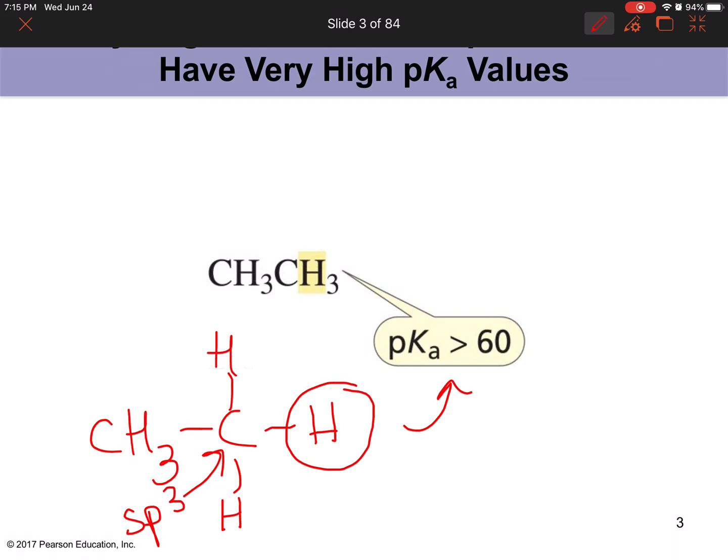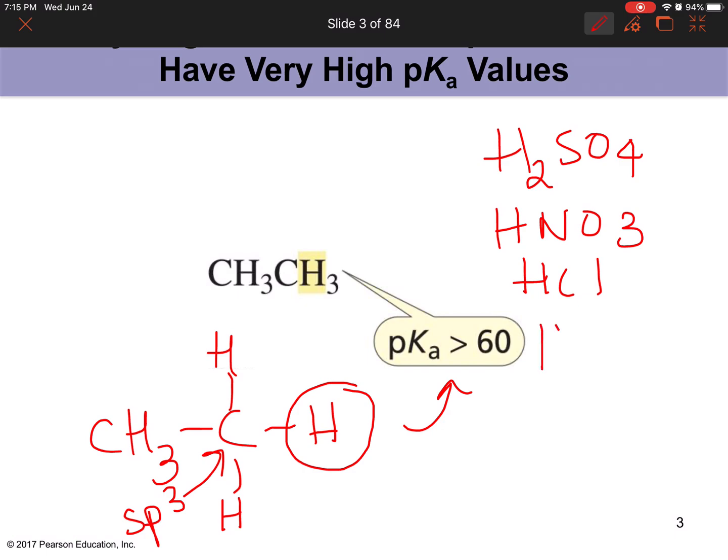If you remember from your general chemistry, pKa measures the acidity of a compound. Normally we talk about pKa for weak acids. We do have some strong inorganic acids. Remember these strong acids? For example, sulfuric acid is a strong acid. Nitric acid is a strong acid. Hydrochloric acid is a strong acid.